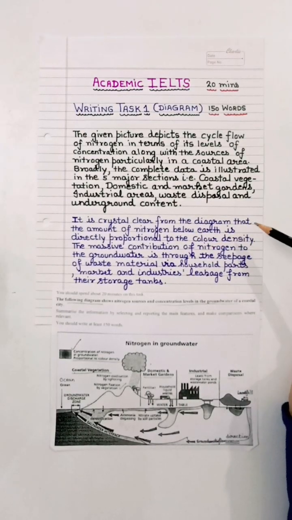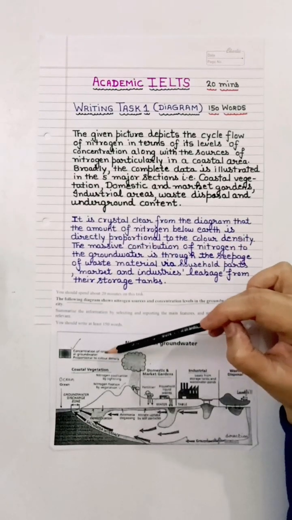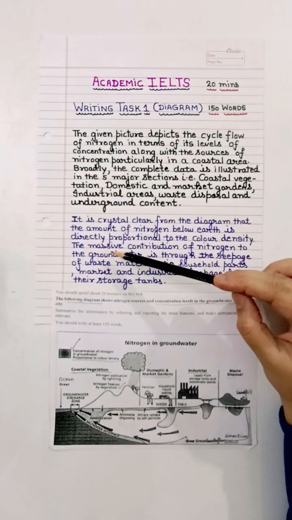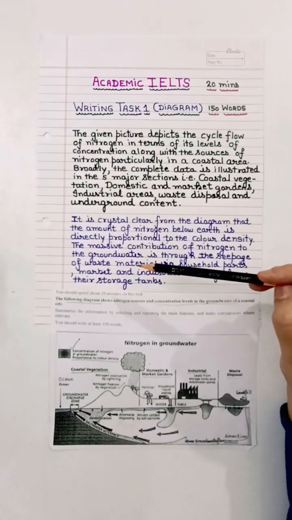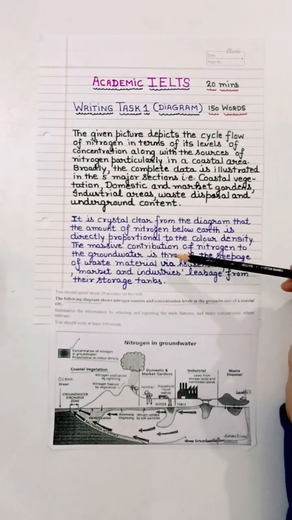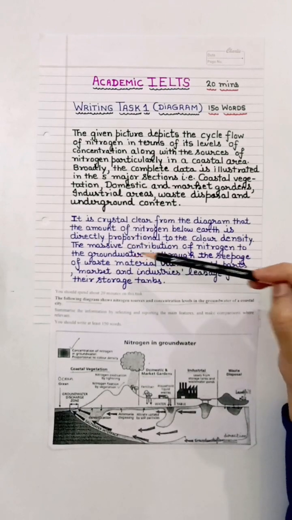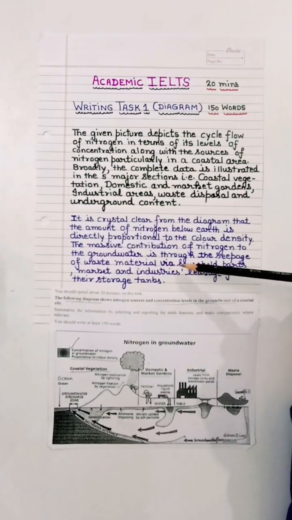Alternatively, the amount of nitrogen below Earth is directly proportional to the color density from here, right? And this is a really good word. Instead of main or prominent or major, you can use massive: the massive contribution of nitrogen to the groundwater is through the seepage of waste material via.